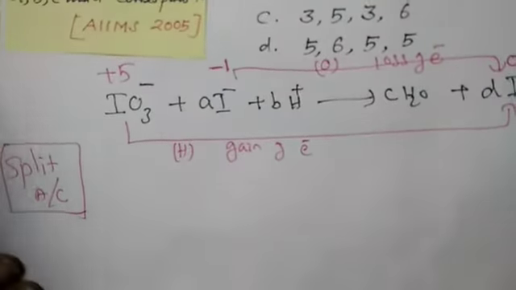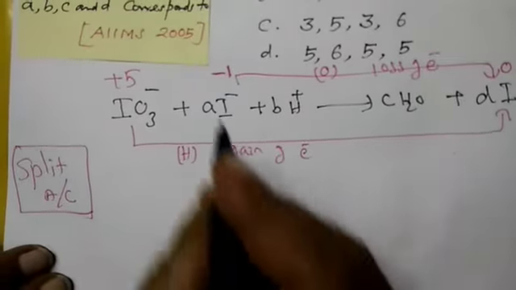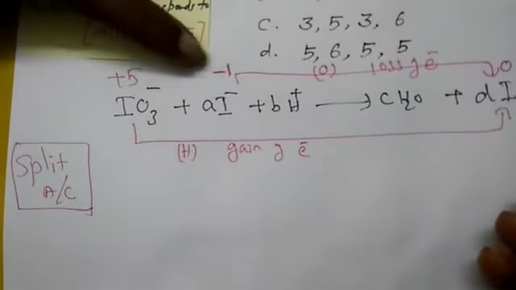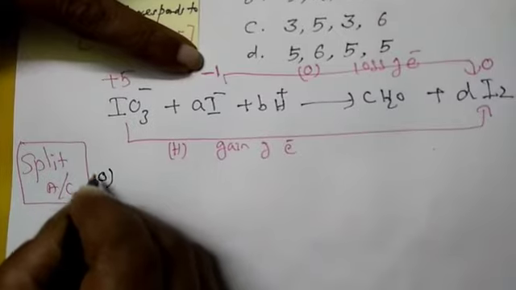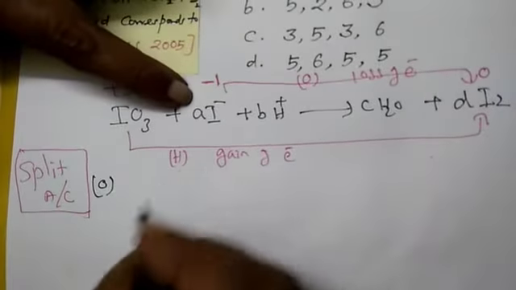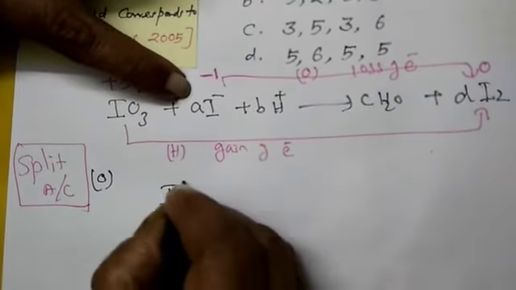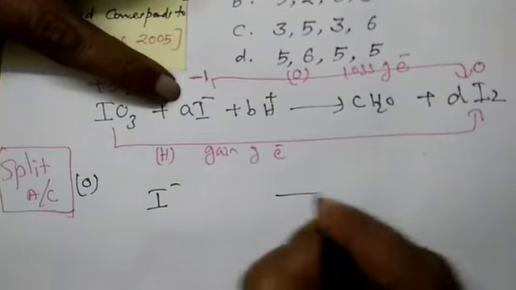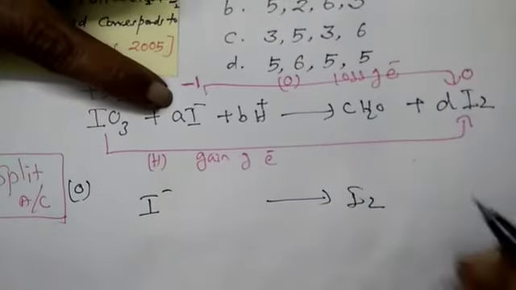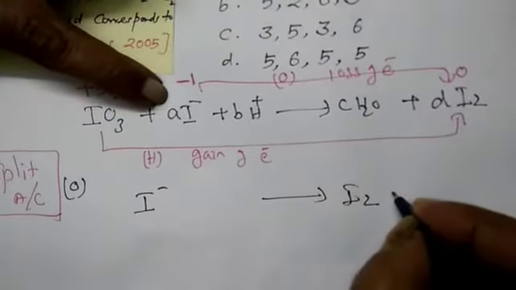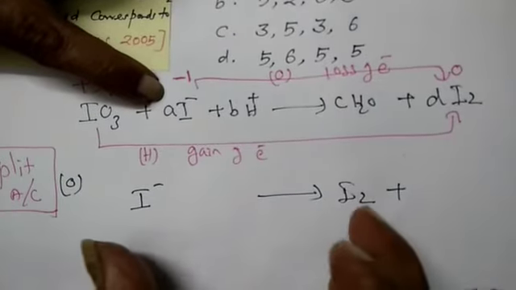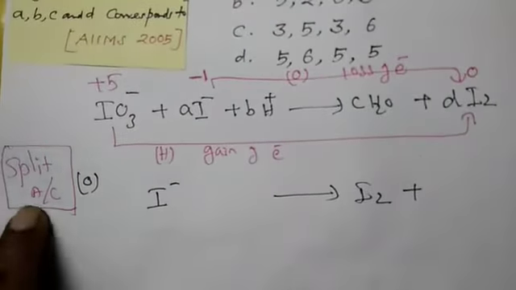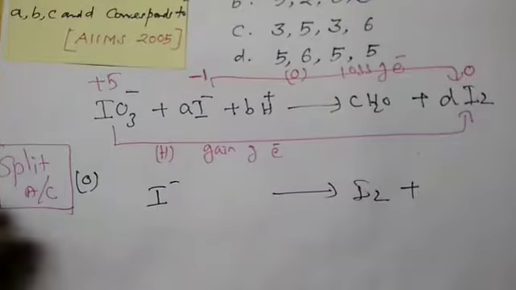Now I am going to split the reaction. The first one is the oxidation half. What is the oxidation half? It is I minus gives I2. What is given? Loss of electron. Keep it in mind. It is split. What is the next condition? You balance the atoms.